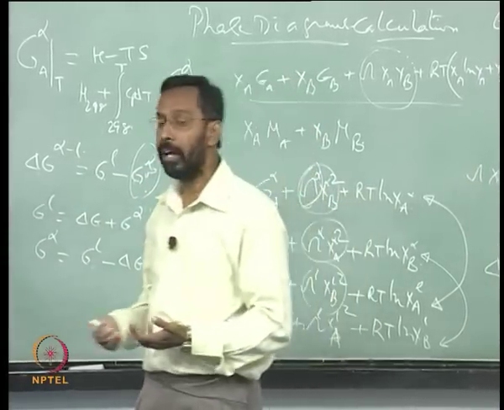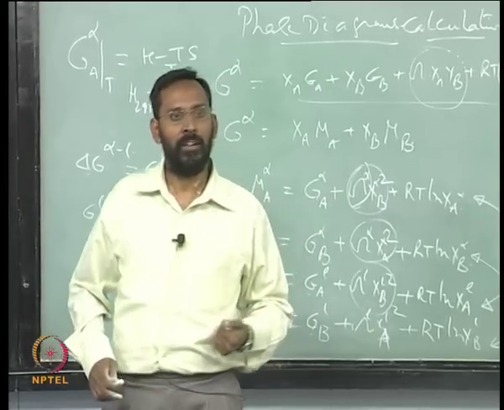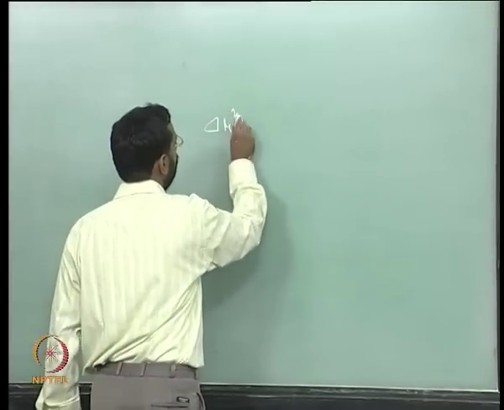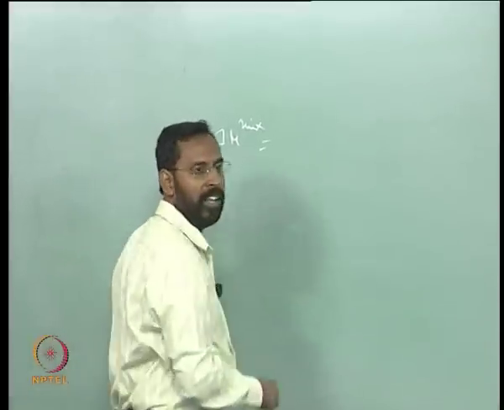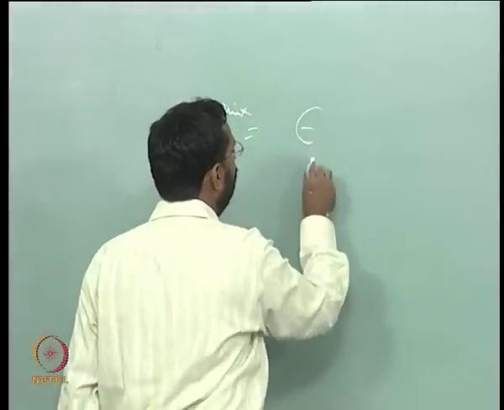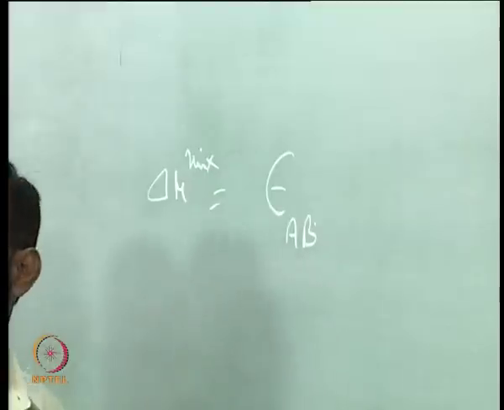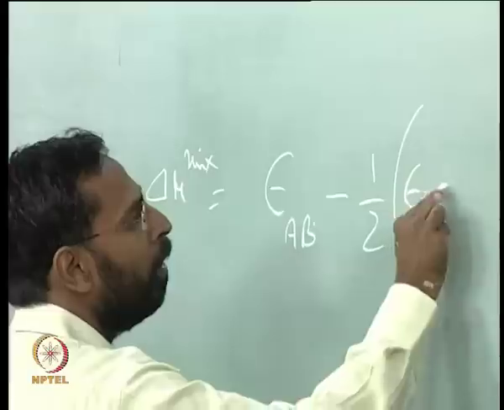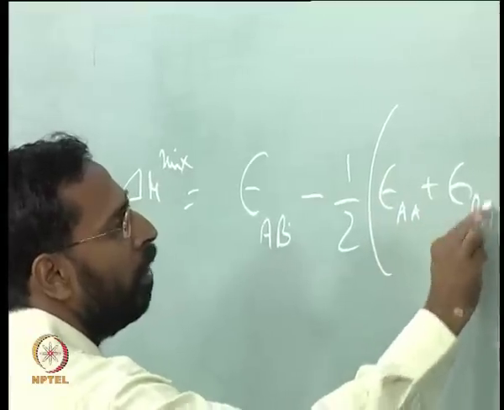In fact, omega comes from quasi-chemical theory, where we calculate delta H mixing as the energy of the AB bonds minus half of the energy of the AA bonds plus BB bonds.